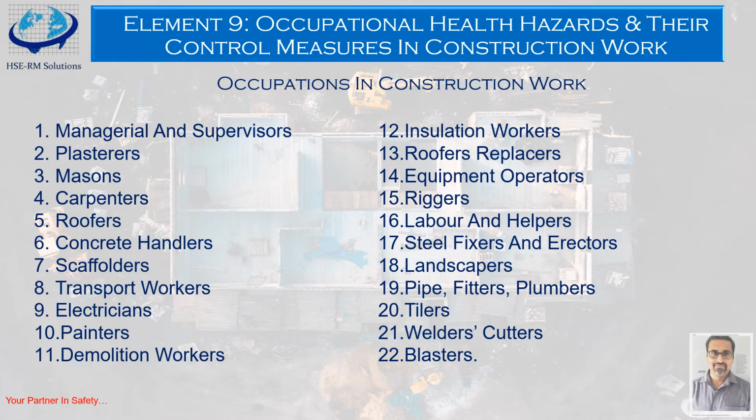What type of job roles are there? So there are, all in all, 22 different types of job roles on a construction site or in construction work. The first is managerial and supervisor work.